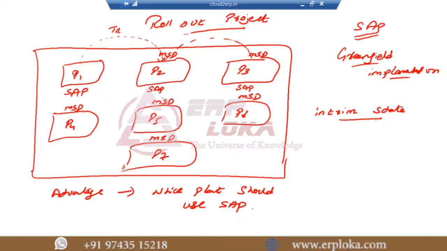For example, these are all material based, and this is service based. I don't want the service based plant to use SAP. I want only the material based plants to use SAP. So I'll roll the configuration only for the plants which I want to use, and I'll not roll it to the plants which I don't want to use SAP. That is the biggest advantage of rollout. Okay, that is a rollout project.